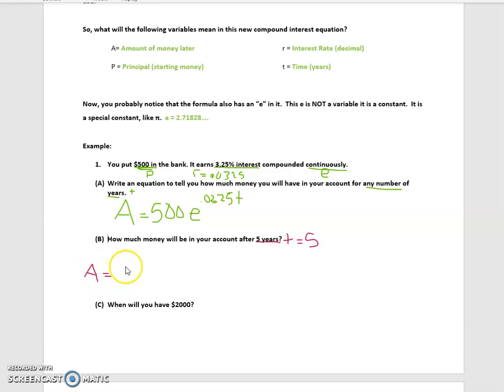So A equals 500 e to the 0.0325 times 5. You can just plug that into the calculator. It's not going to really get any simpler than that. And you will get $588.22.